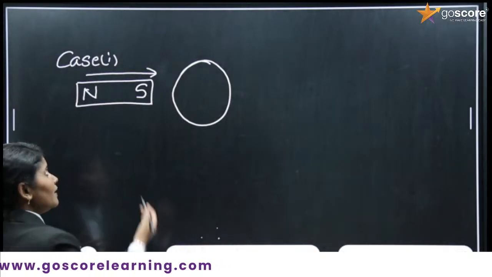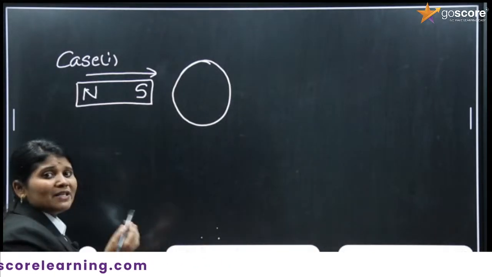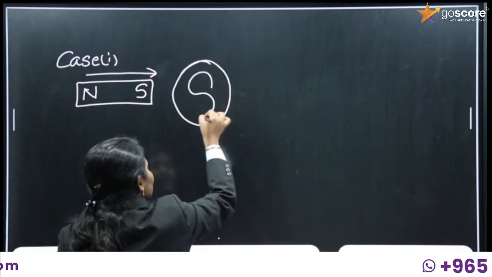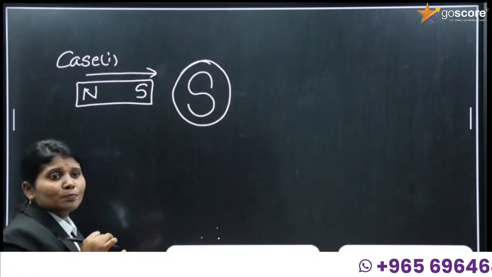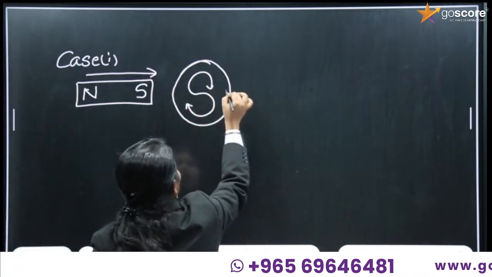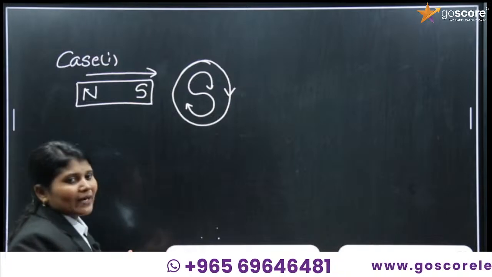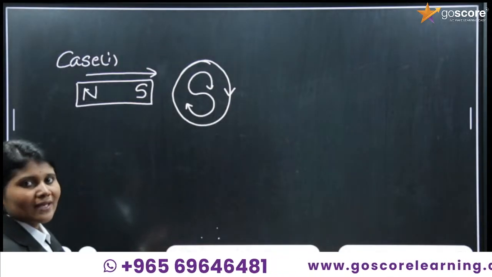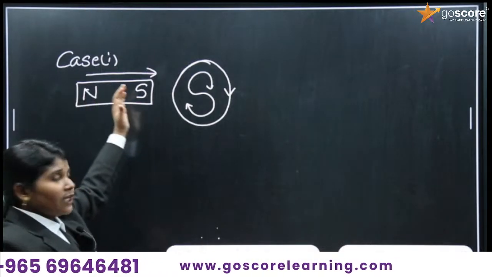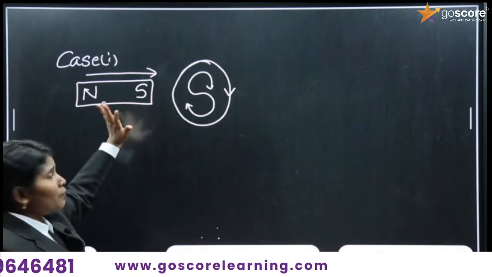Here the south pole is there, so opposing means which pole is occurring here? South pole. What is the direction for the south pole? Clockwise direction.